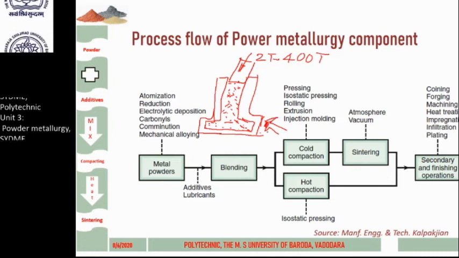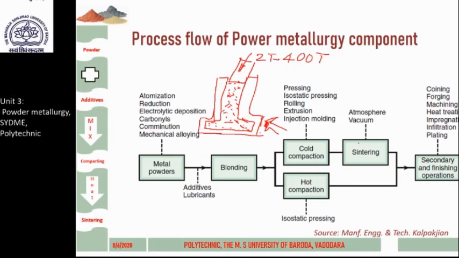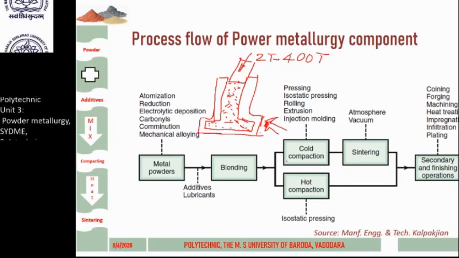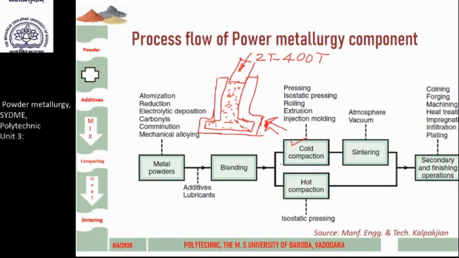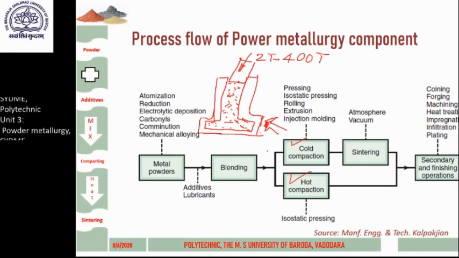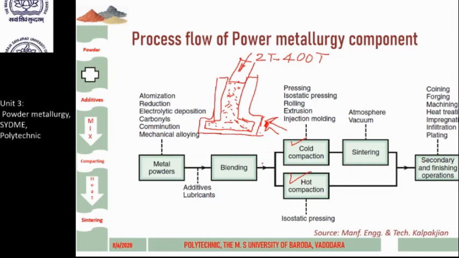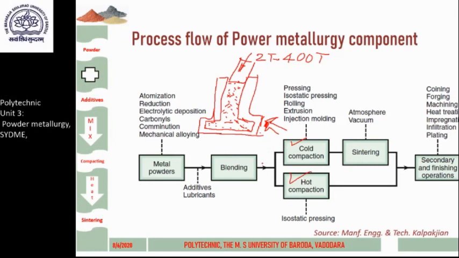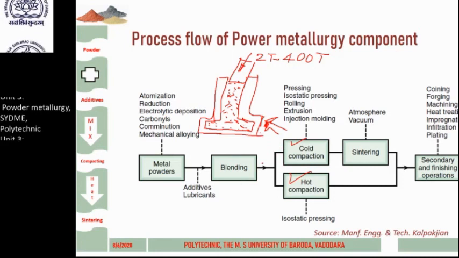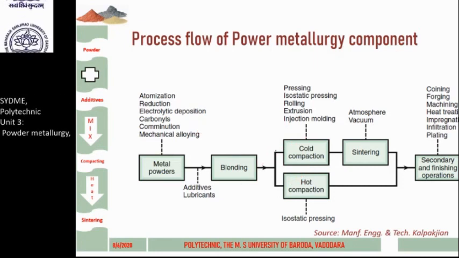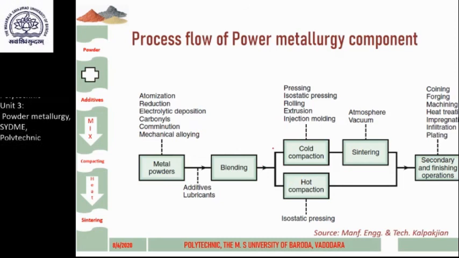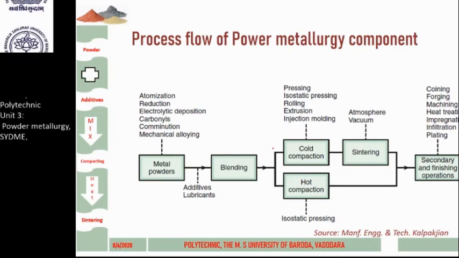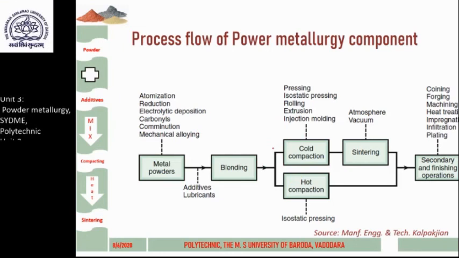and after the compacting stage we follow with the next stage, that is called the sintering process. The compacting can be cold or it can be hot depending on the temperature at which this compacting process is carried out. So we have different options for which type of compacting method to use. These depend on and are selected based on the product requirement.